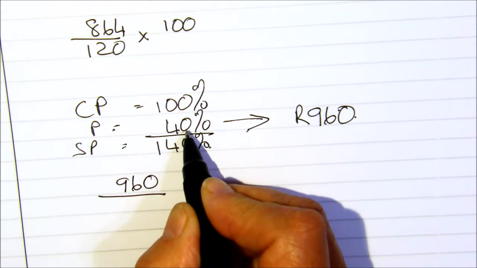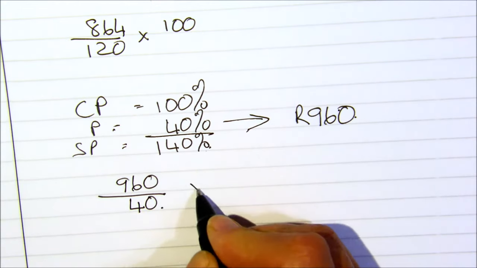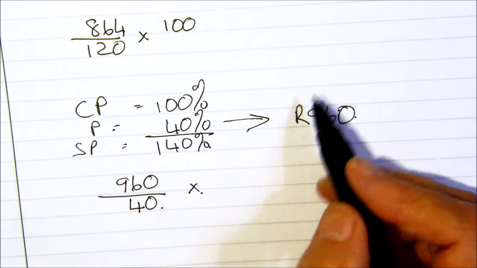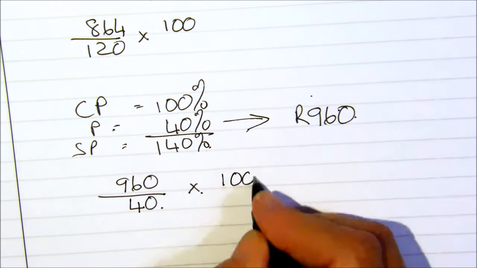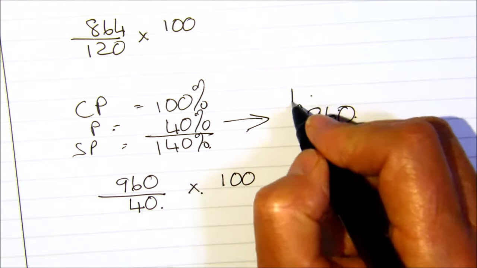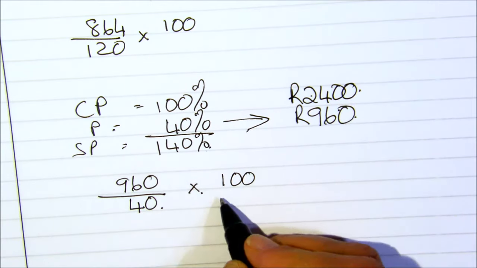960 is equivalent to 40%. So you divide by 40. And you times by, and you can work out either the cost price or the selling price. It makes no difference. So let's just go to the cost. So we're going to times it by 100. And so your cost price comes out at 2,400 when you multiply here.